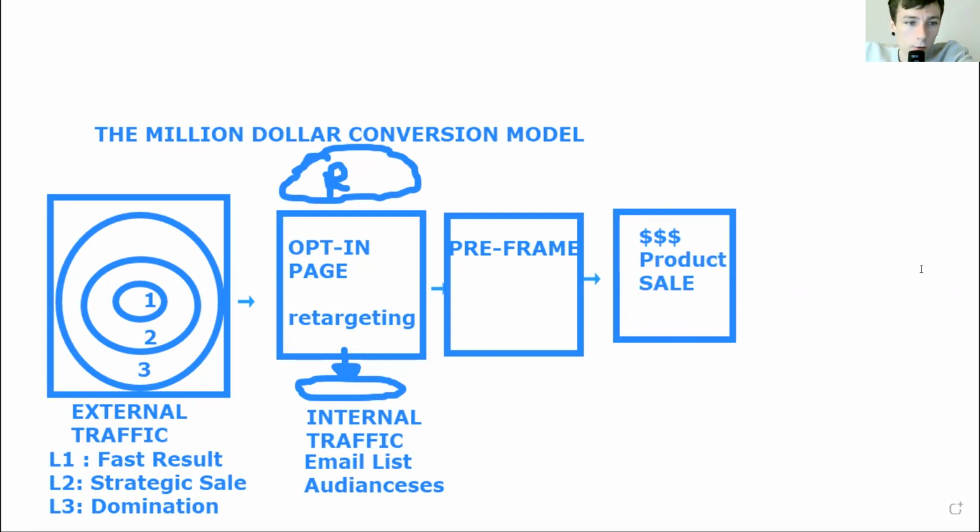This is your typical funnel setup. It's what a lot of people run, and it works pretty well. When it comes to the pre-frame side of things, you want to call out the problem.